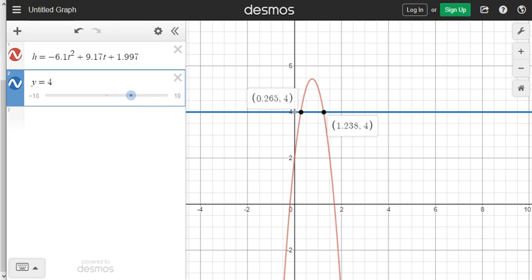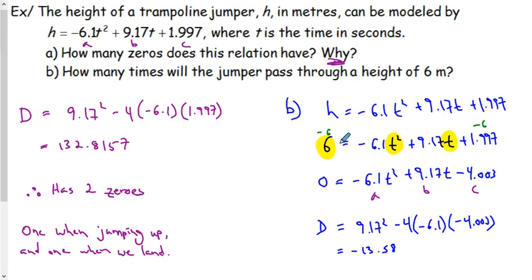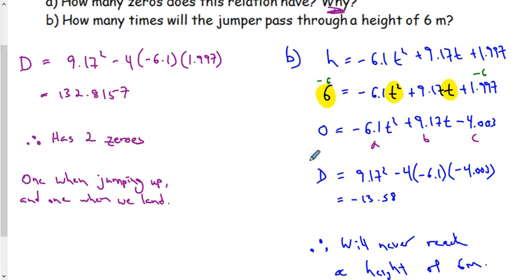And on our work over here, if we were to sub in a value of 4 instead of a value of 6, we would actually get a discriminant that was positive, meaning we had 2 solutions. We could put in that value of 4, move it over to the other side to set everything equal to 0, and we could try and factor it to solve.